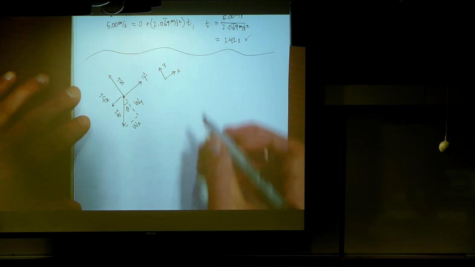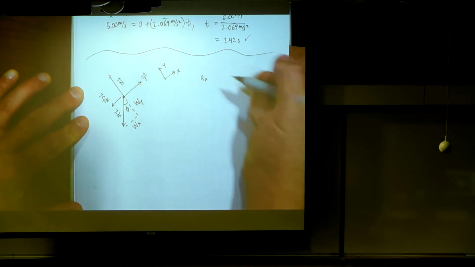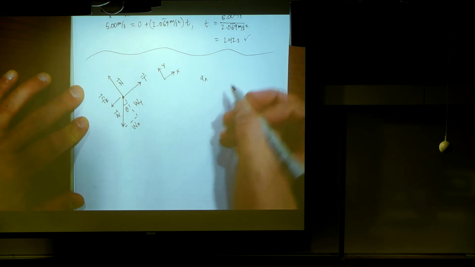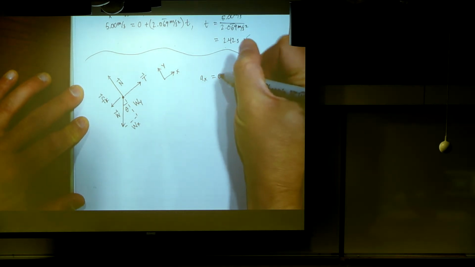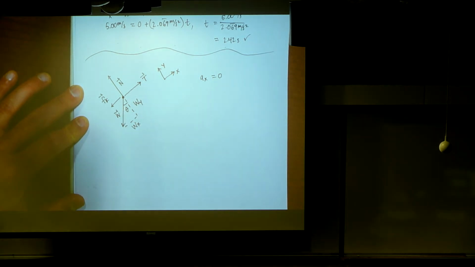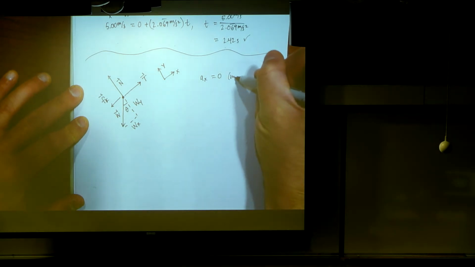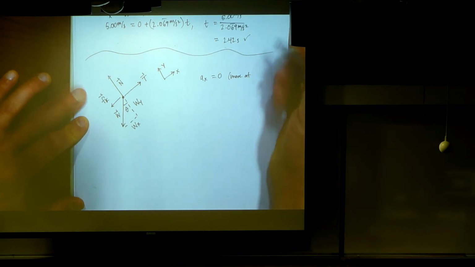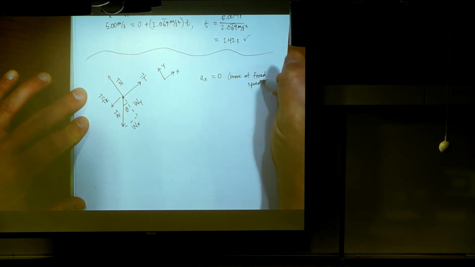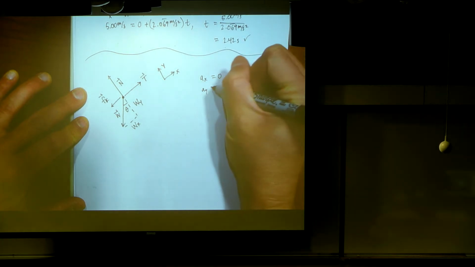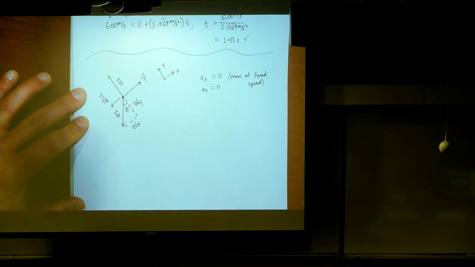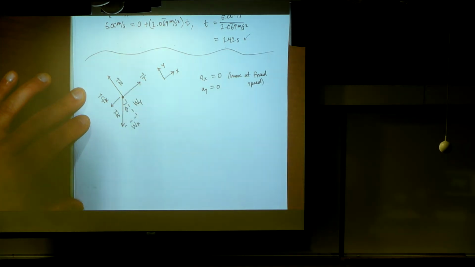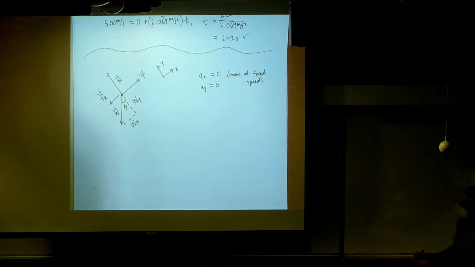So let's just write down what you guys said earlier, right? Acceleration is 0. That means ax is equal to 0. So the acceleration up or down the ramp is 0 as we move at a fixed speed. But it's also true that ay is equal to 0. That's just because we don't come off the ramp, right? So as long as we stay on the ramp, of course, ay is going to be 0.